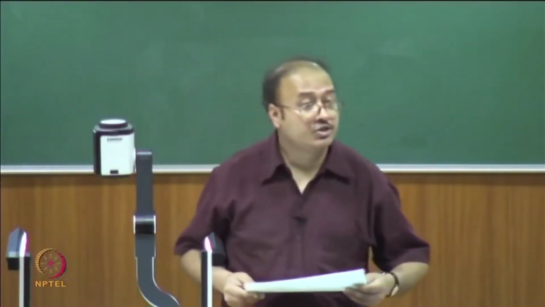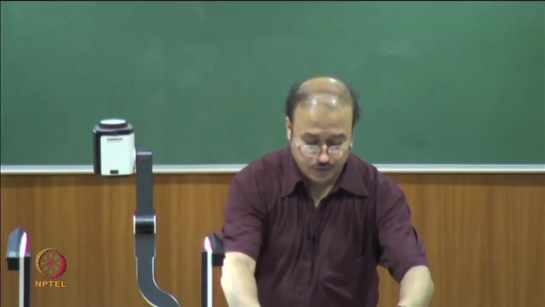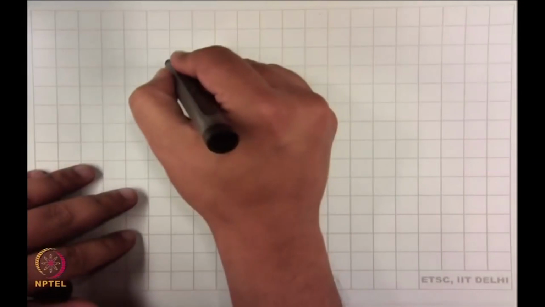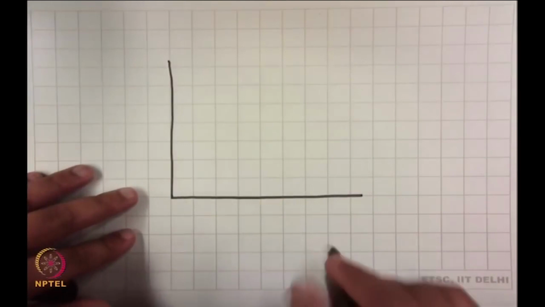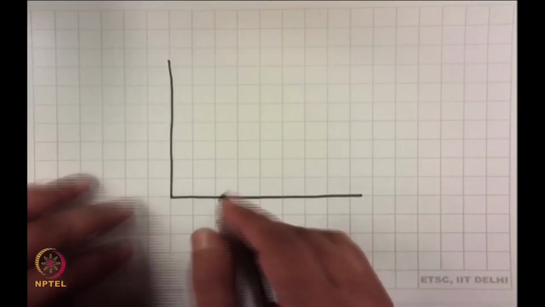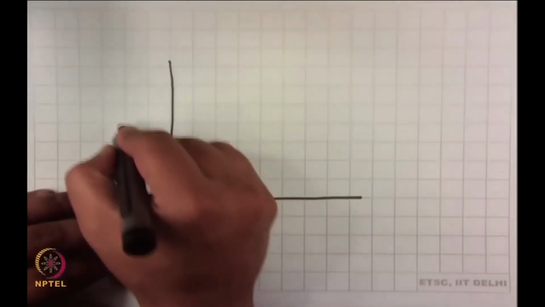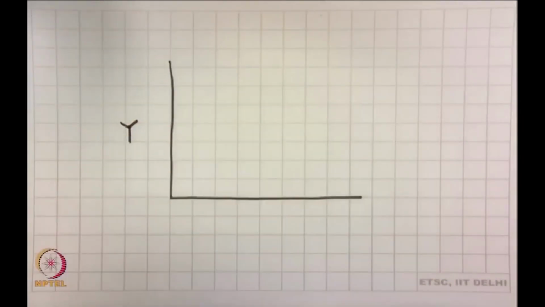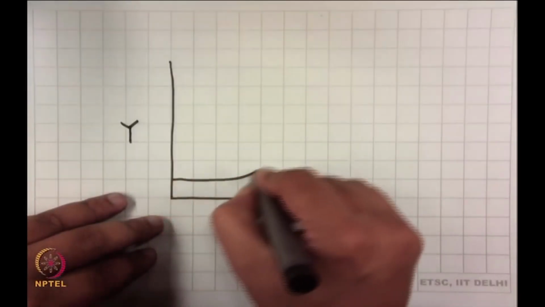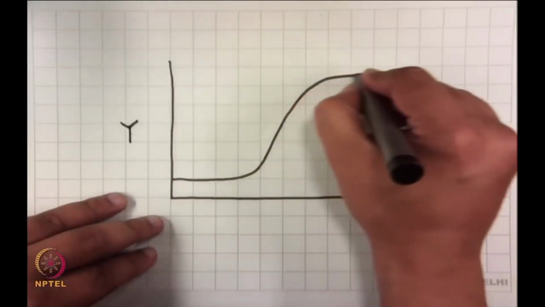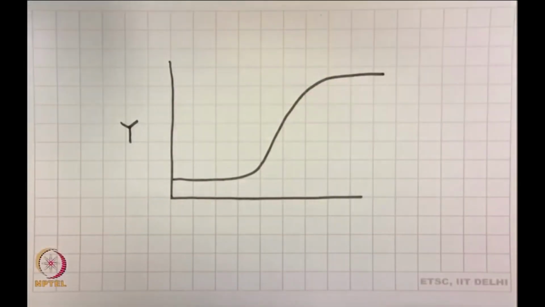So now how does this translate into a measurement? The way it translates into a measurement is like this. Say for example, consider a thermal denaturation profile of a protein, and suppose you are looking at a certain change in a spectroscopic signal, say its fluorescence, y, and this is how it looks like.